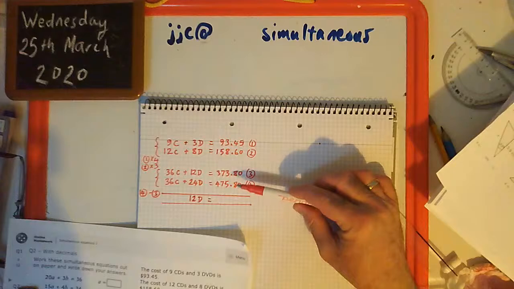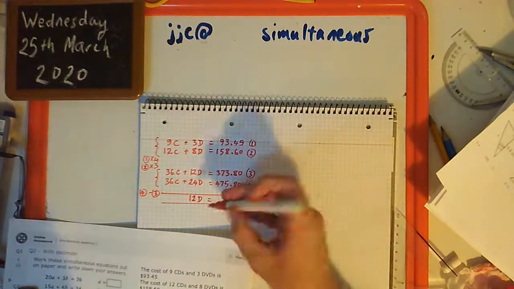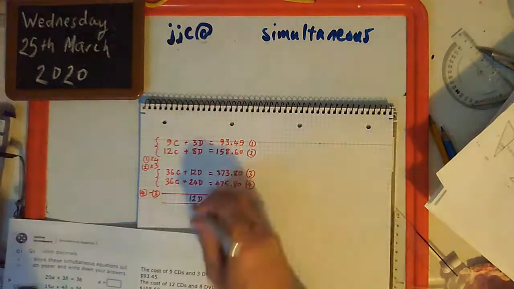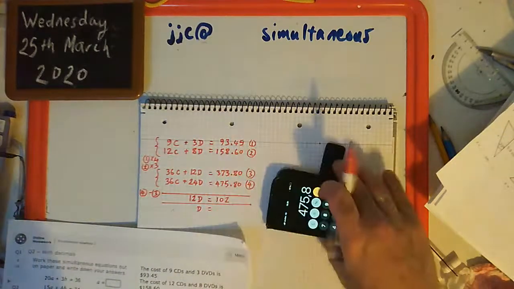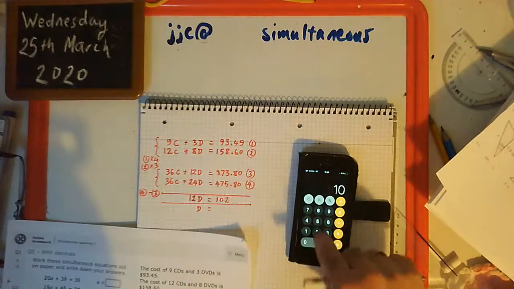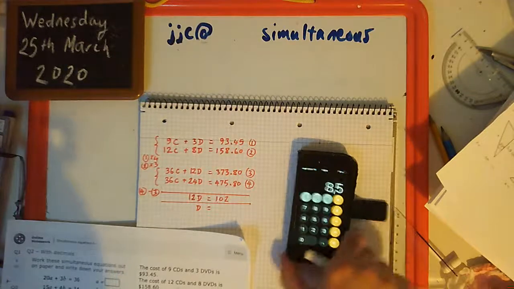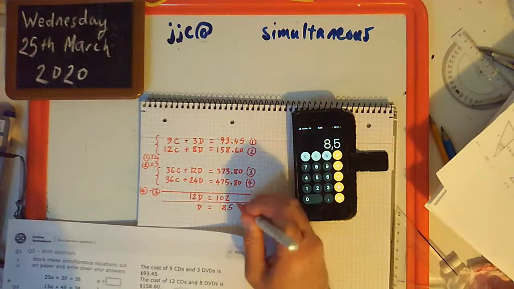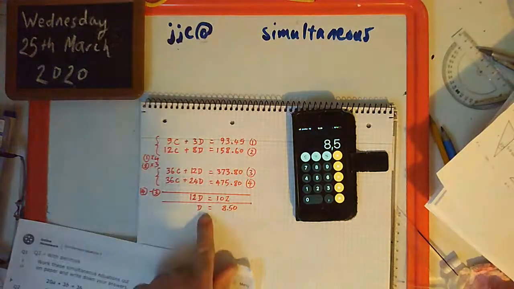And 475.80 minus 373.80 is giving me 102. So 12d equals 102. I don't want to know what 12d's are. I want to know what d is on its own. So I'm going to divide everything by 12, but I've got to divide the right-hand side by 12 as well. And that comes out to be 8.5, so $8.50. So in other words, $8.50 is the cost of a DVD.